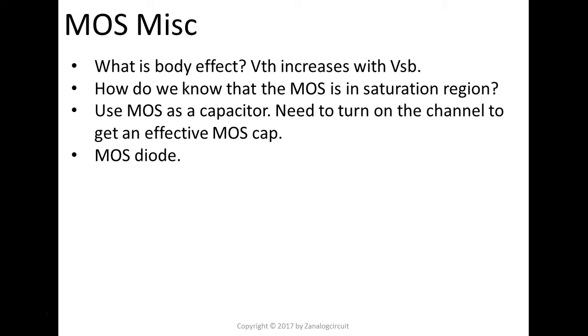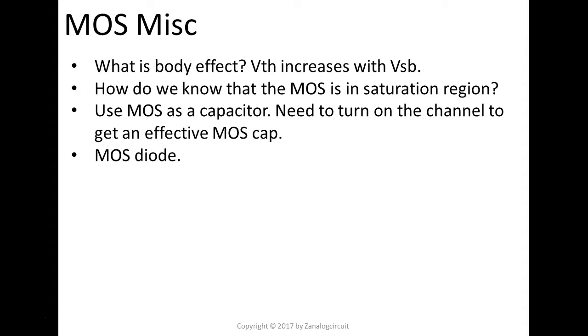When you see a transistor with VGS slightly higher than the MOS threshold, by 100 millivolts or 200 millivolts, while the VDS is more than, let's say, 200 millivolts and above, usually that MOS is in the saturation region. So that's one way to look at it.